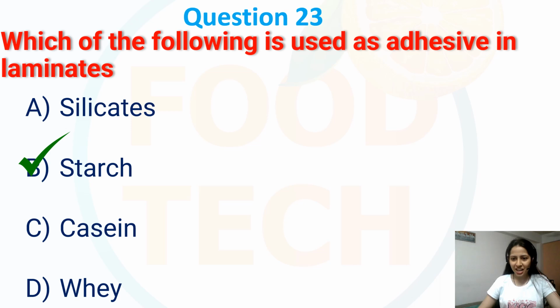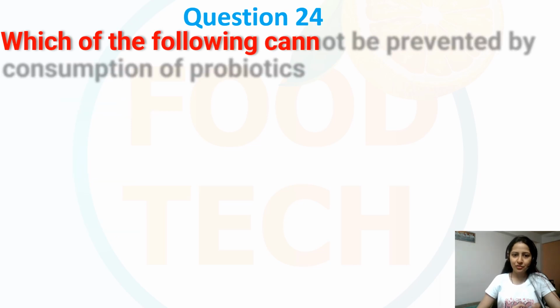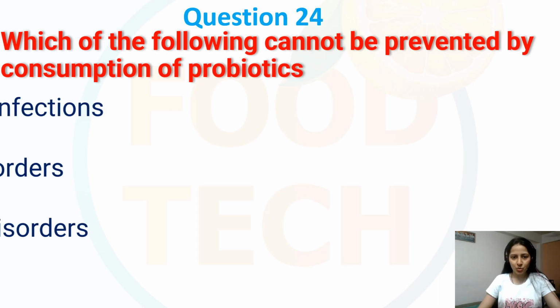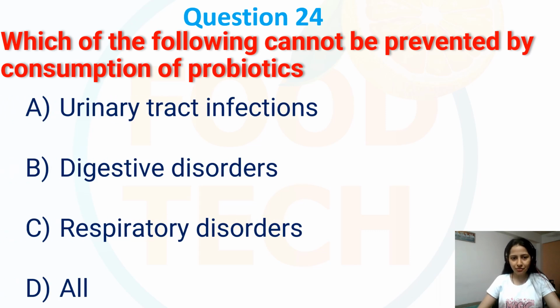Next, question number 24. Which of the following cannot be prevented by the consumption of probiotics? So options are urinary tract infections, digestive disorders, respiratory disorders or all. So consumption of probiotics can provide us various health benefits, particularly related to our digestive health, but it cannot prevent all the types of disorders listed over here, that is the urinary tract infections or digestive disorders or the respiratory disorders.